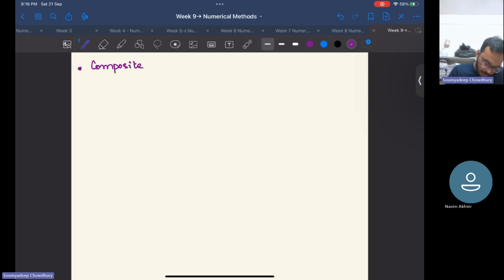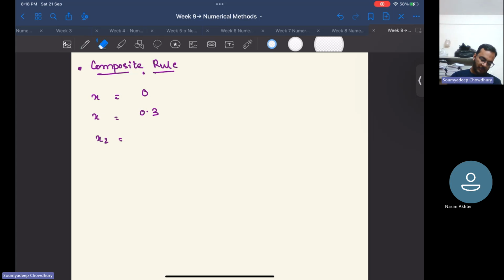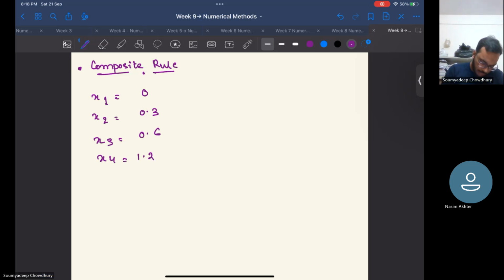In the composite rule, in the 1/3 rule, we have that even and odd thing, right? So here we have x0 equal to 0, x1 equal to say 0.3, x2 equal to 0.6, and x4 equal to 1.2. Here we have to change the notations. In Simpson's rule, I will be h by 3 times f of x1 plus f of x4.